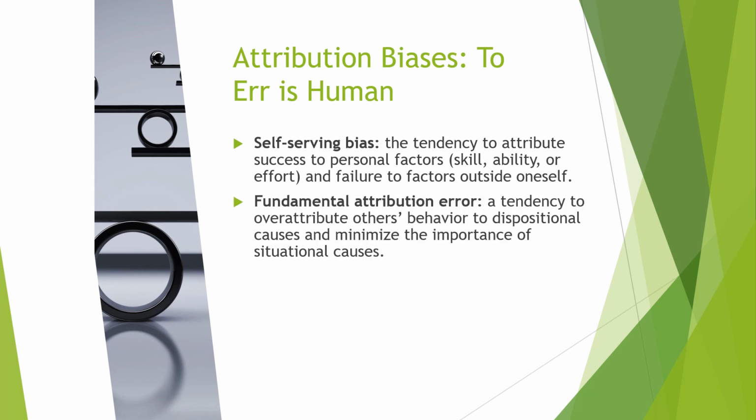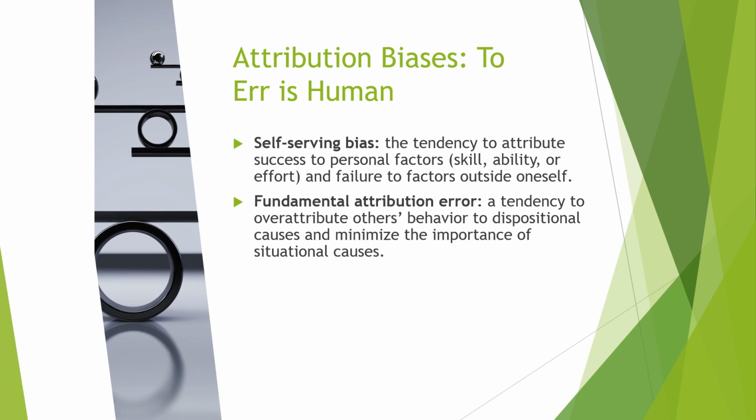We also have what is called the fundamental attribution error. This is a tendency to over-attribute others' behaviors to dispositional causes and minimize the importance of situational causes. So if someone else fails the exam, it's because they didn't study.